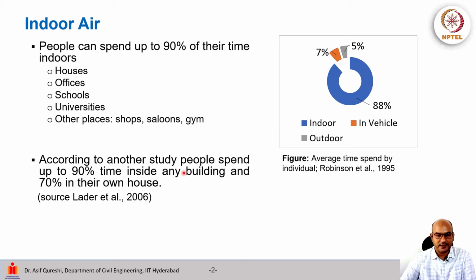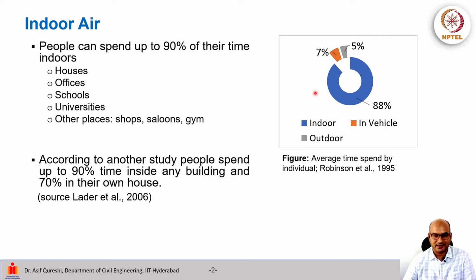And in another study, it has been found that within that 90% of indoor time, 70% actually is spent inside our own house. So that's a substantial portion of our daily time which we spend indoors, even in our own house. On this side, there's another study which showed that 88% time is spent indoors, 5% outdoors, and 7% inside a vehicle, which is basically a special indoor environment.